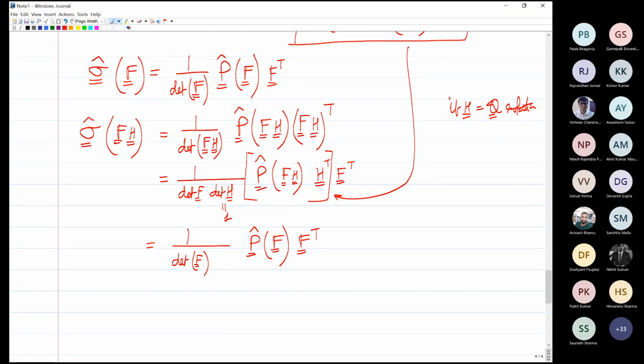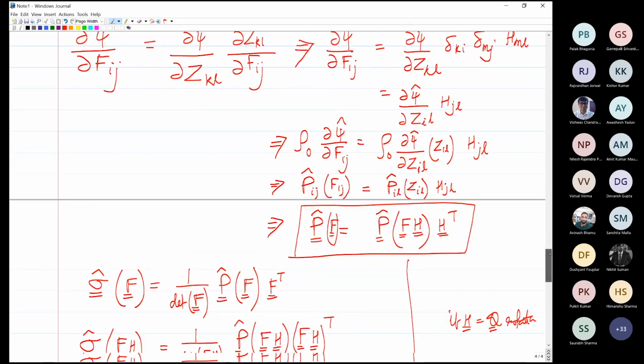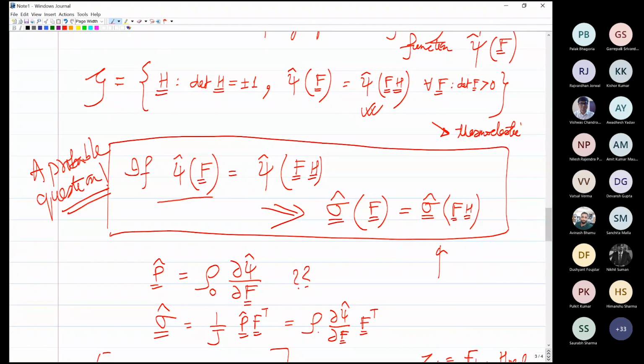Okay. So what you see is that the right hand side is again the sigma hat function, no? Sigma hat at F. Okay. So finally, we are getting that sigma hat FH is indeed equal to sigma hat of F. What we wanted to prove, no, that if psi hat of F is equal to psi hat of FH, then it automatically implies sigma hat of F is equal to sigma hat of FH.